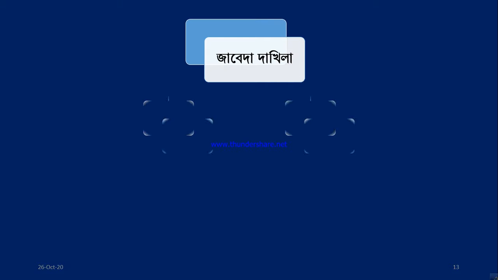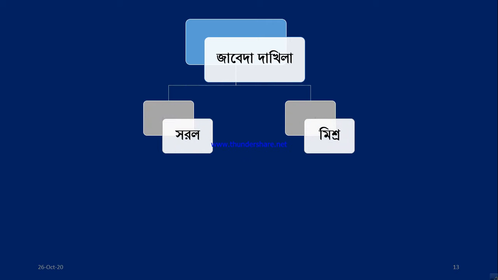Dear friends, if we categorize or subdivide the journal entries, it will be in 2 types. Number 1, simple journal entries. Number 2, multiple journal entries.